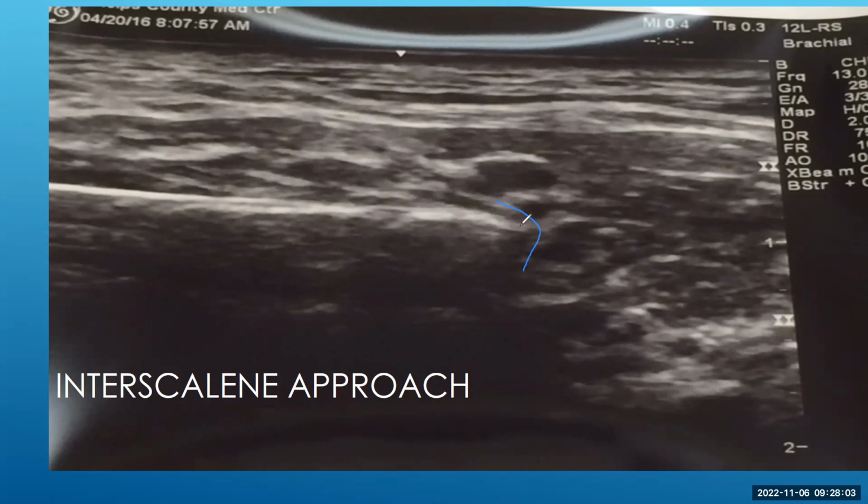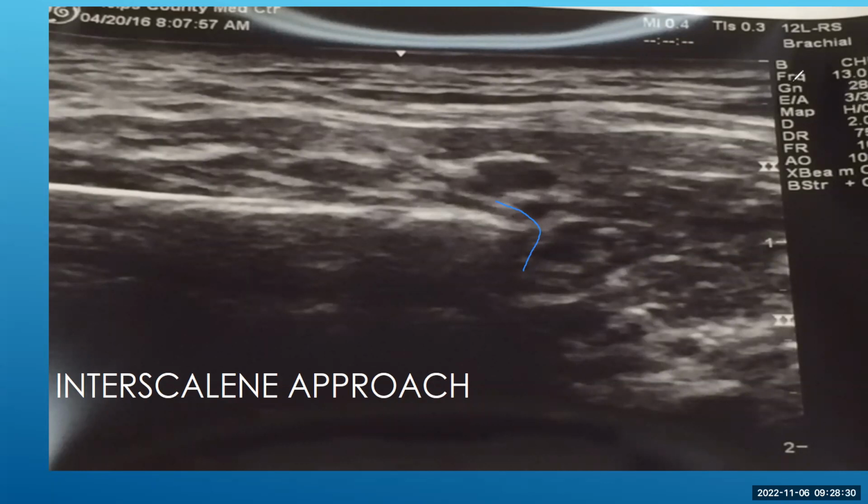And then when we pop through there, we're able to inject and push the plexus out of the way, a little bit safer modality. Again, safety first, above all, do no harm. And this really demonstrates and highlights the advantage ultrasound does have over stimulation technique and certainly palpation technique, or eliciting paresthesia.